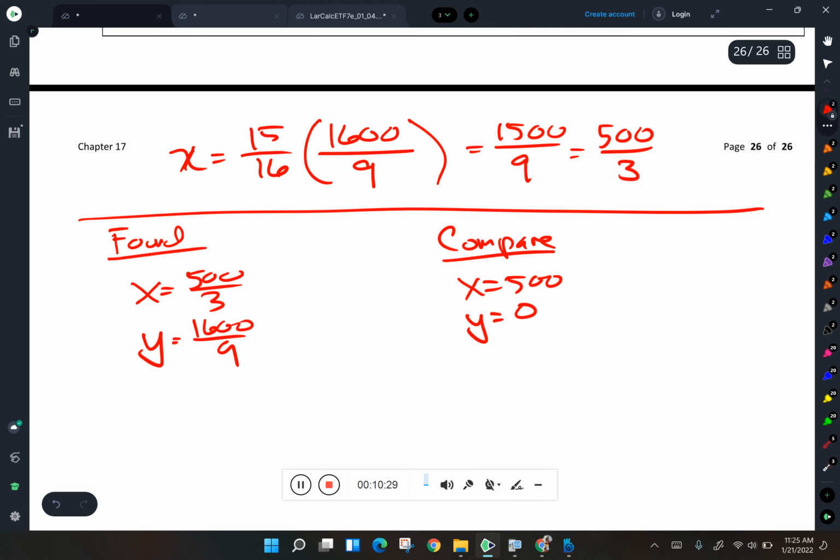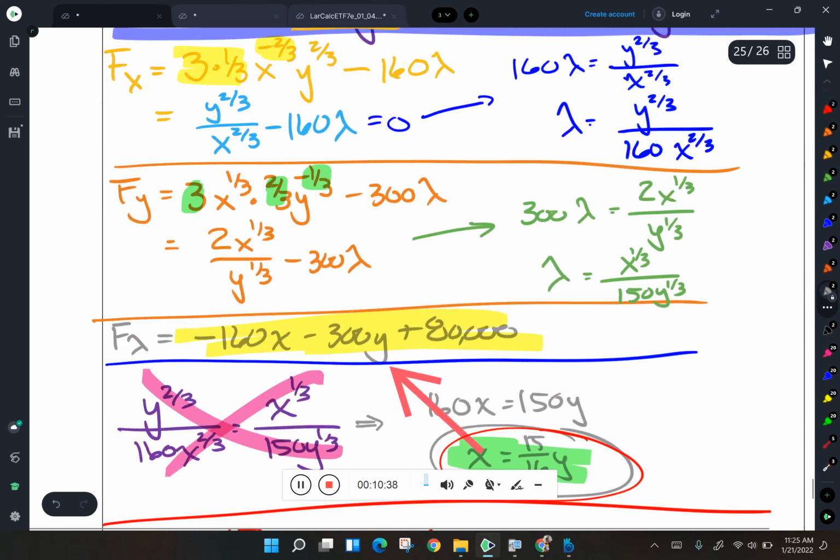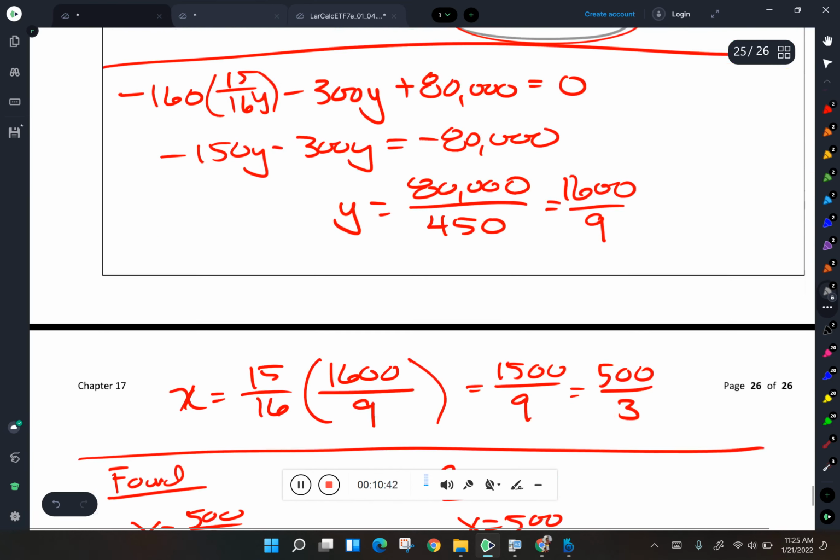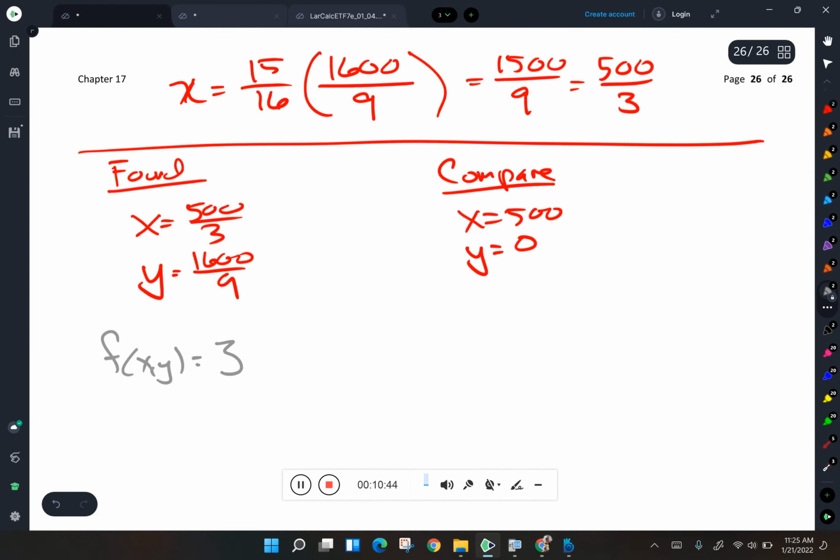And I compare them by putting them back into the original function f. And so f of x, y, my production function, was 3x to the 1/3, y to the 2/3.